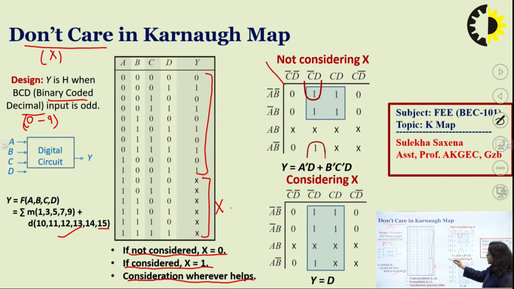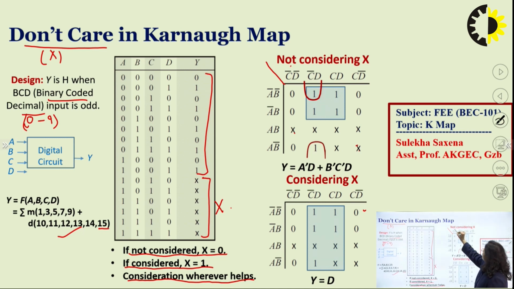Now we will input the terms 1, 3, 5, 7 and 9 as 1, and 10, 11, 12, 13, 14, 15 as don't care.